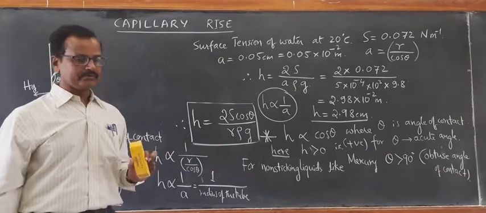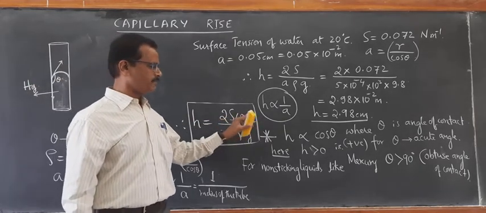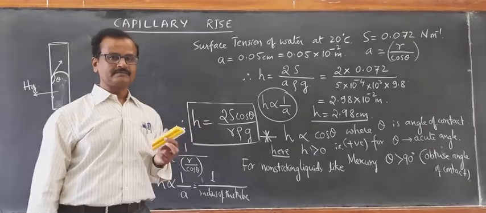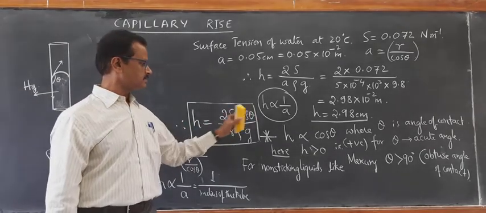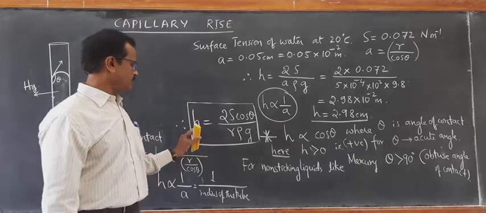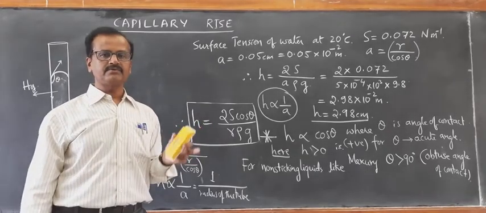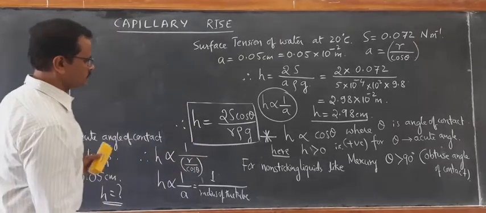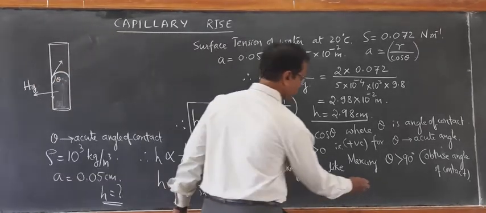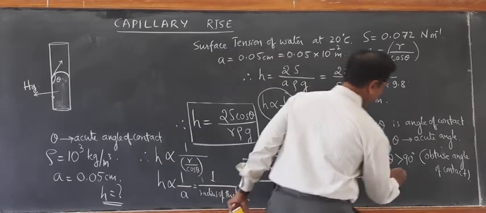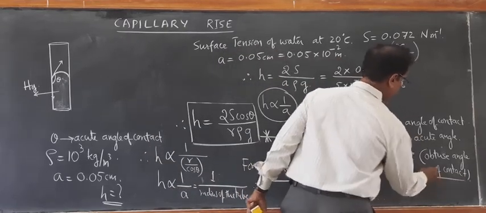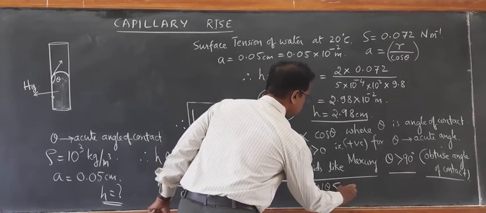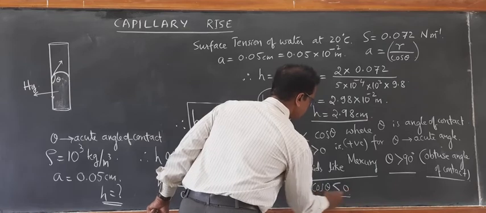H becomes negative because cos of 90 plus theta is negative. In the second quadrant, cosine is negative. So when cos is negative, then the height, instead of capillary height, it becomes capillary fall. This is interesting. So for non-sticking liquids like mercury, where theta is greater than 90, obtuse angle of contact, cos theta is less than 0.